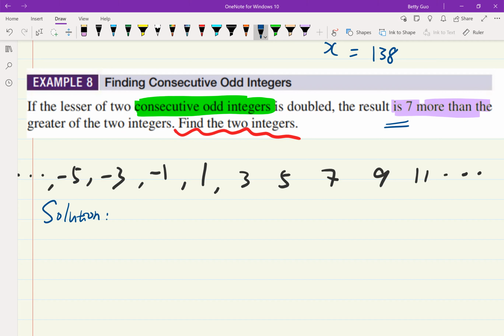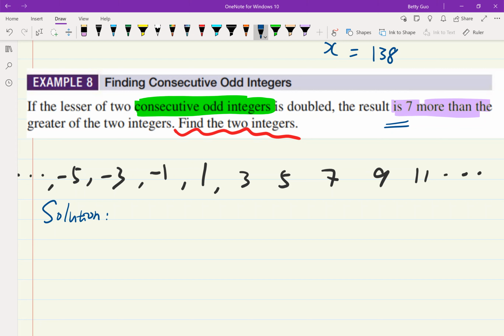The two consecutive odd integers: one is smaller, the other is bigger, right? Which one do you want X to represent? Do you want X to be the smaller number or the bigger number in the two consecutive odd integers? Ian, you tell me, do you want X to be the smaller one or the bigger one?